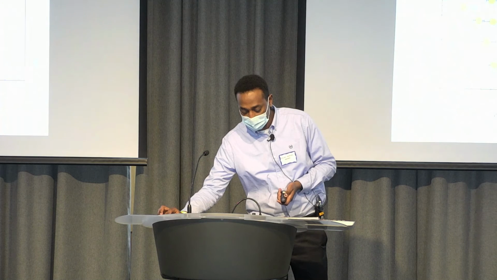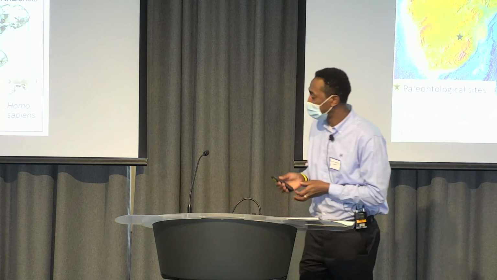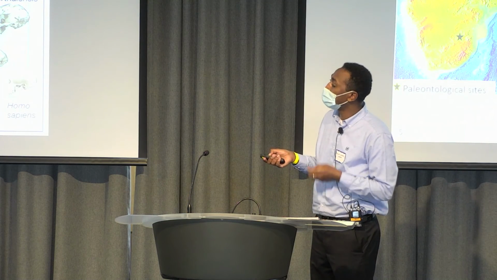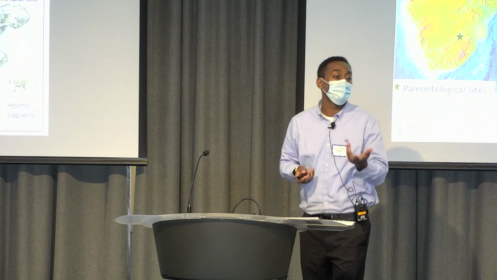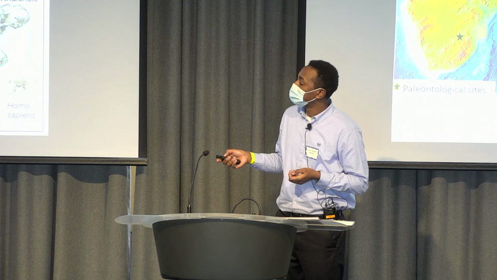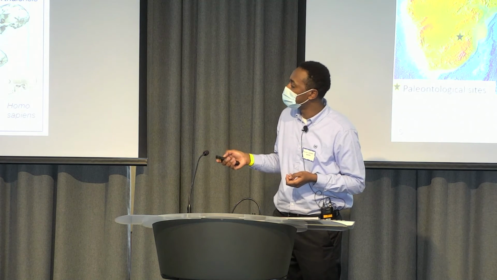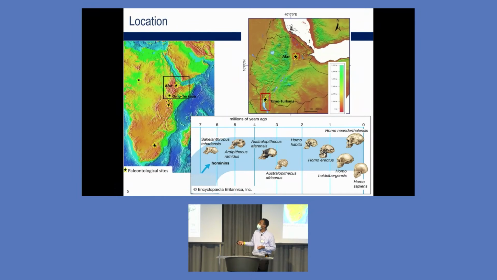South Africa, yes. I have provided the information on this slide that these stars indicate the paleontological sites. Australopithecus africanus is found in the southern African region, and Sahelanthropus is found in Chad.